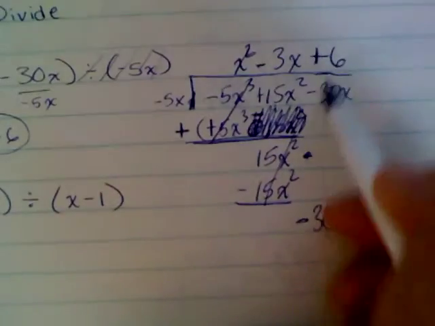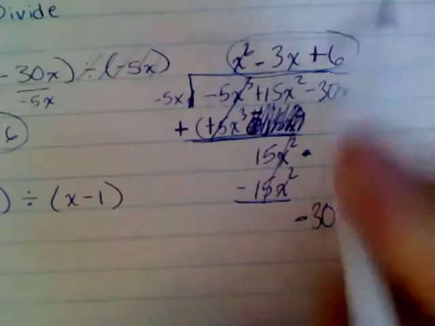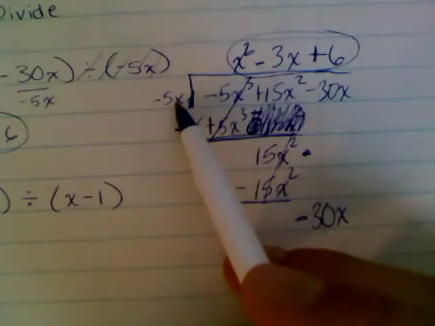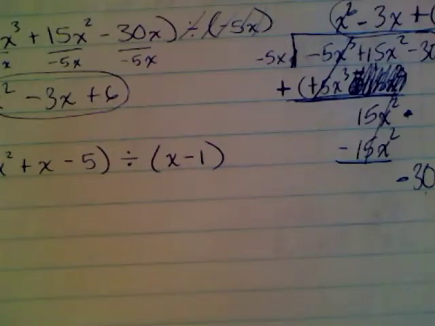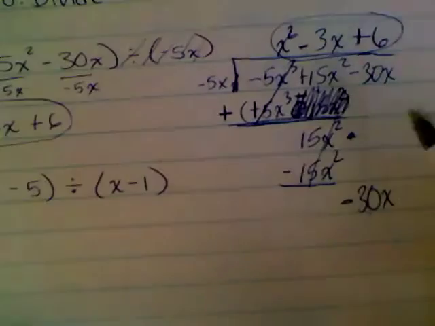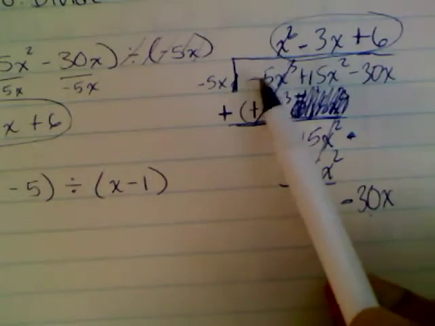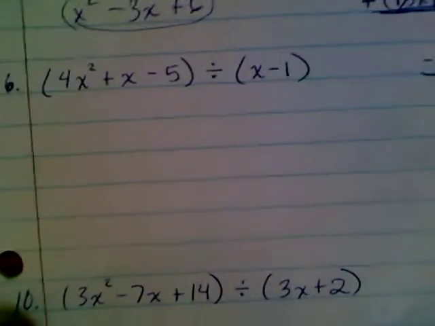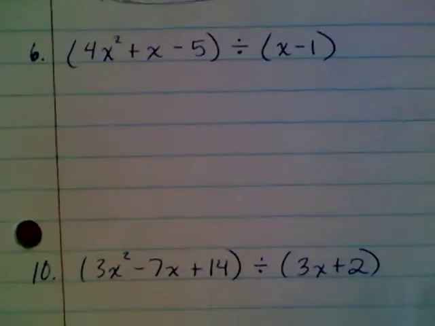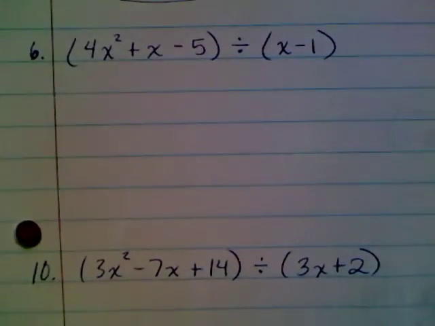So your answer is right here. Okay, remember that this polynomial times the outside would give you what you're dividing into. Forget my words right now. Divisor or dividend, I'm not sure.